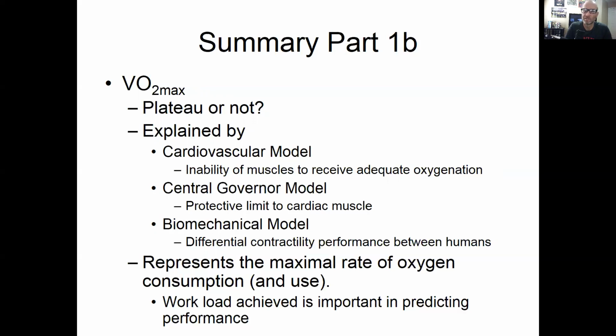And that may actually be good in predicting performance. We'll talk more about that in subsequent chapters. Often you read things like velocity at VO2 max, and that may be a good indicator of performance.